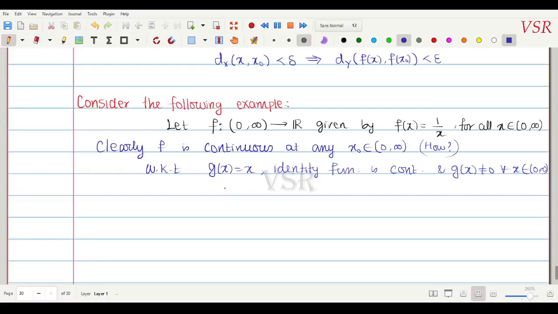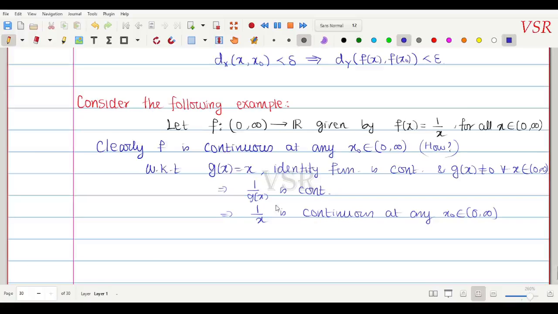So this implies that 1 divided by g of x is continuous, that is 1 by x is continuous at any x naught in the open interval. That is, f is a continuous function.